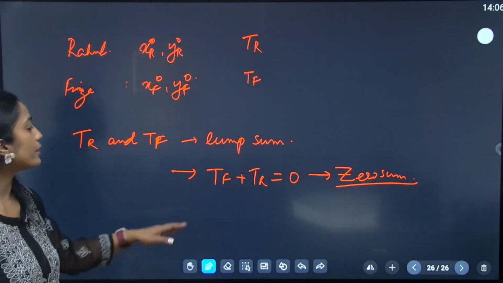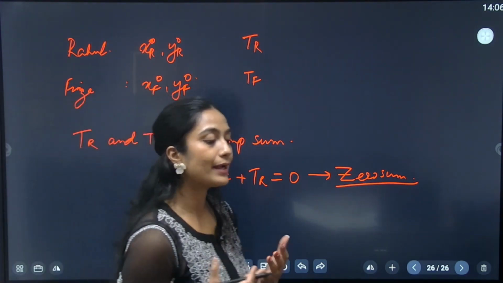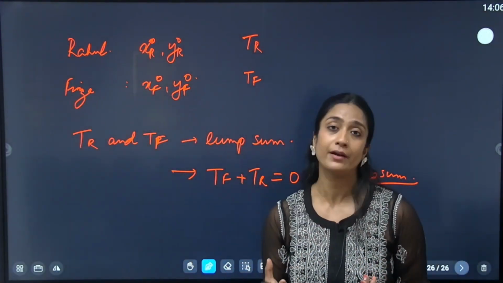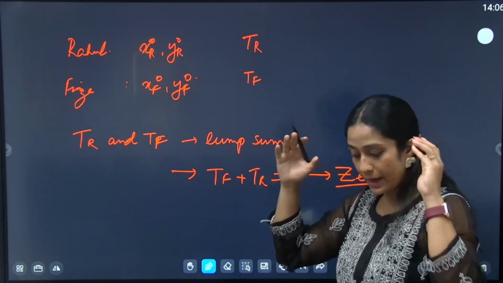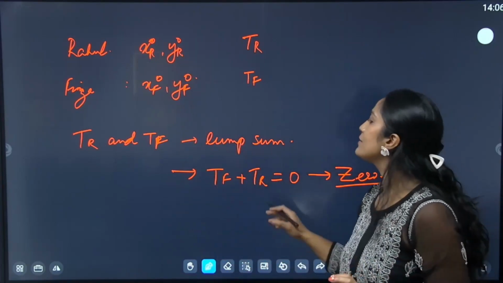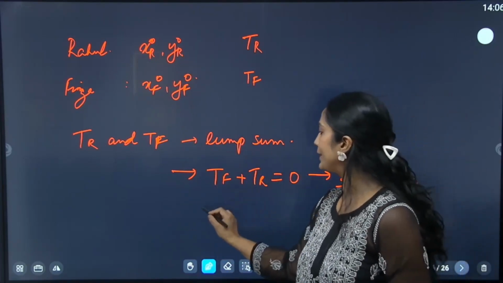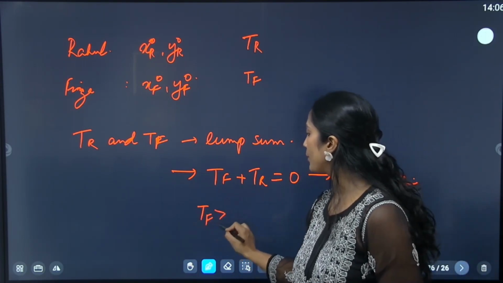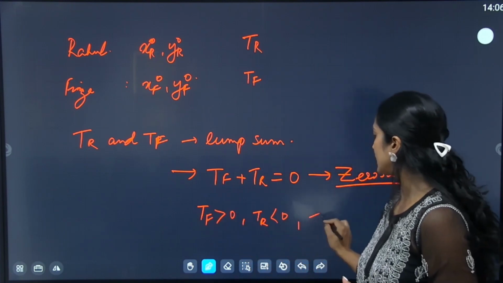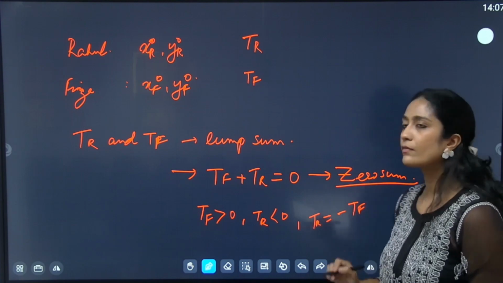So you can think that ये जो भी exercise हो रहा है, this is essentially not creating any additional value in the economy. कोई extra unit of bread या extra unit of rum तो आया नहीं है, ठीक है? So the size of the resources in the economy is still the same. This then is essentially just a transfer. So if, for example, TF is positive, then TR is negative and TR is exactly equal to minus TF, right?